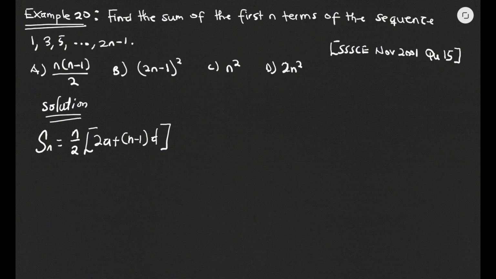Okay, so if I look at this formula and I look at my sequence given to me, the first term a is 1, that is the first number. The difference, let me use 3 and 1, so it will be 3 minus 1, and this is equal to 2. They just said I should find the sum of the first n terms.